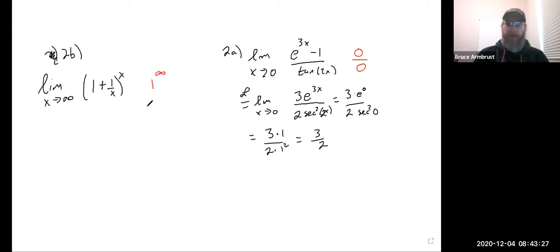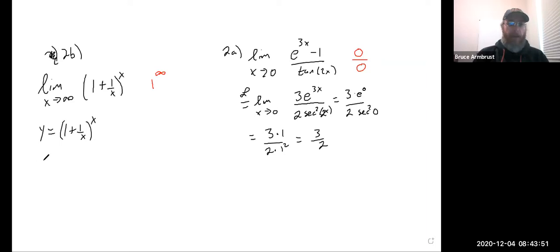And 1 to the infinity is yet another one of the indeterminate forms. So we're going to want to use L'Hôpital's rule. But we can't use L'Hôpital's rule directly because this isn't infinity over infinity or 0 over 0. So what we're going to do is take a log.